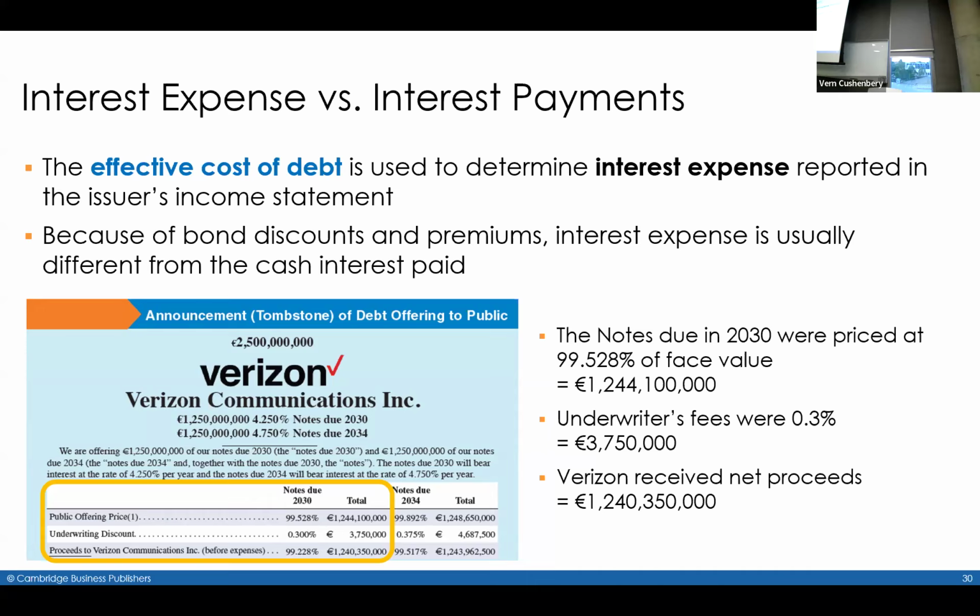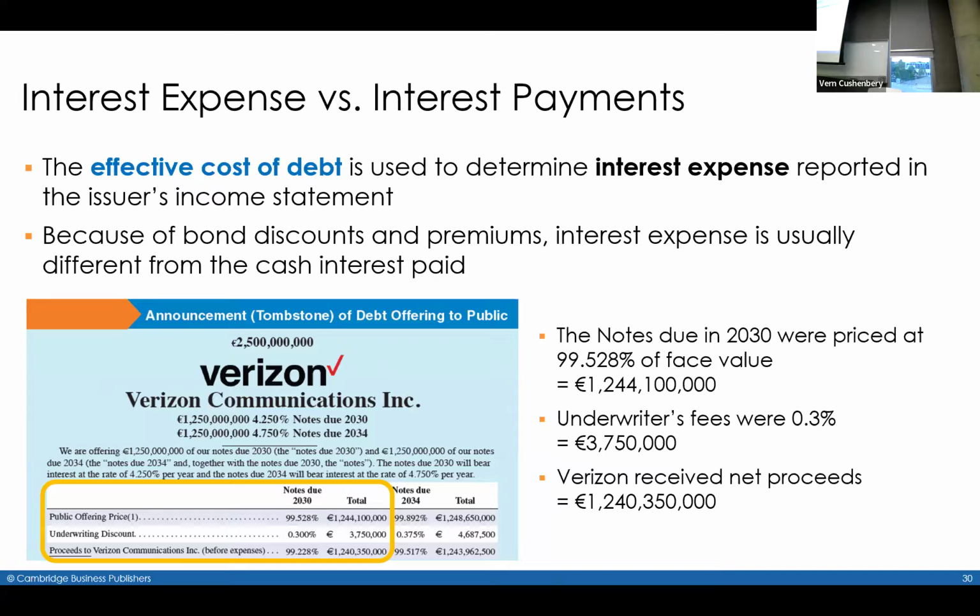Once that's been established, then, as our authors noted in the first bullet point, the effective cost of debt is used to determine interest expense. Every semi-annual period, we're going to write a check for $300,000. That's part of the interest expense.